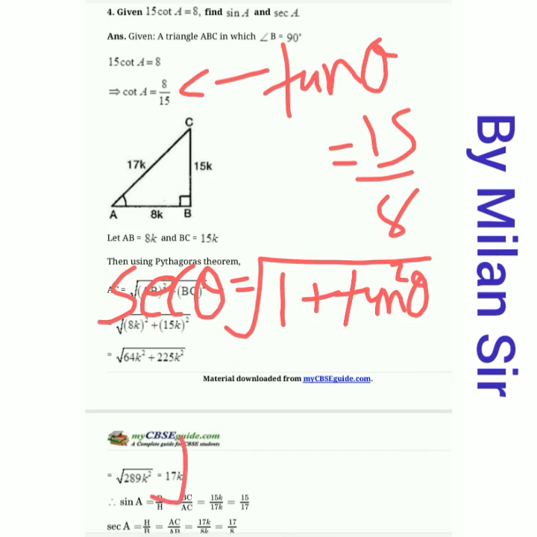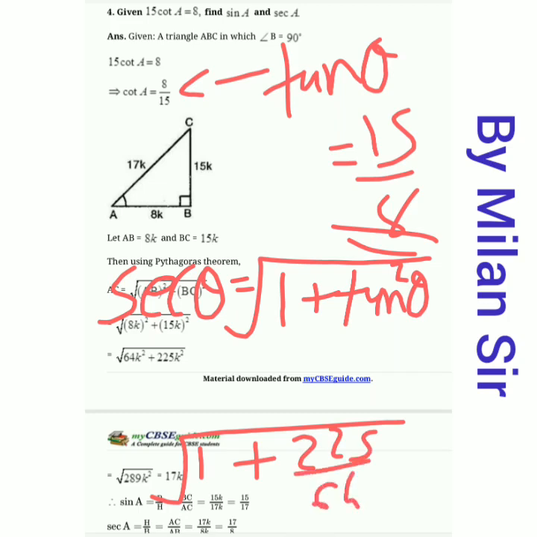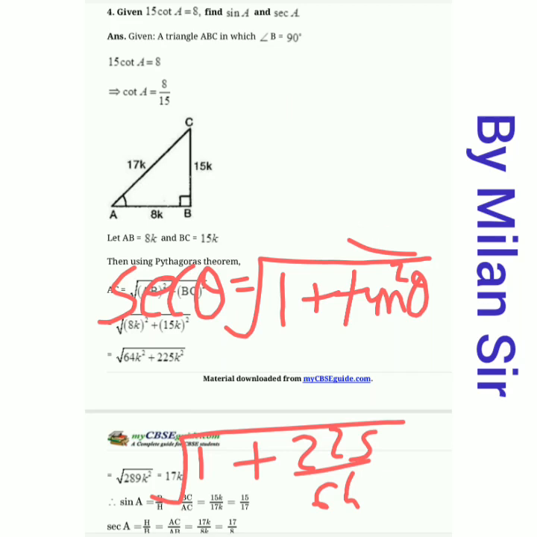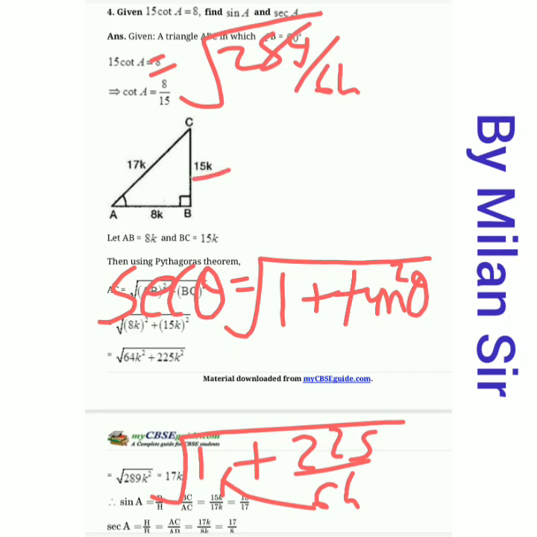Now put the value. So 1 plus tan square theta, and now find the square of tan theta. So 15 square is 225 and 8 square is 64, right? Then take the LCM. So 64 ones are 64 plus 225, so you got 289 upon 64. Now take square root.